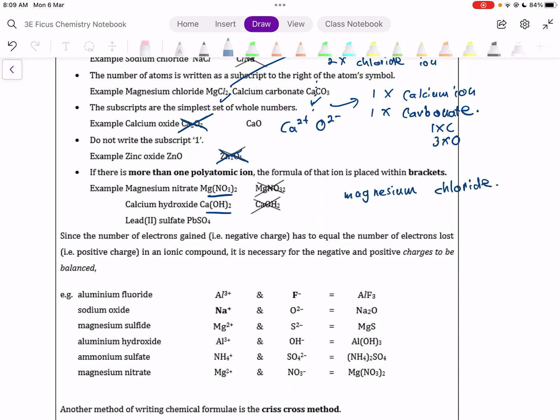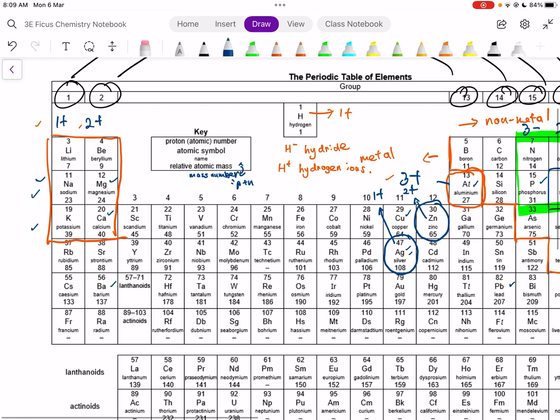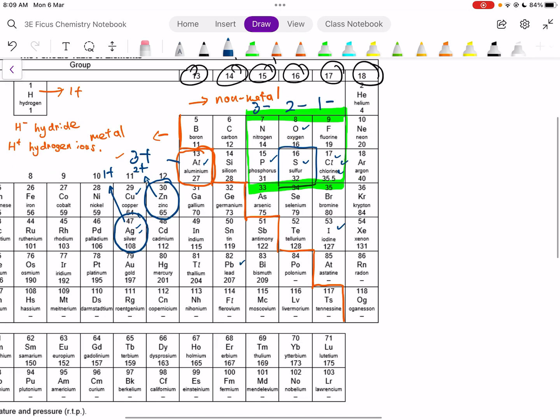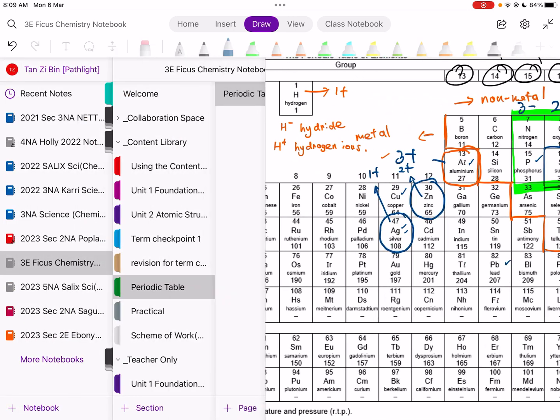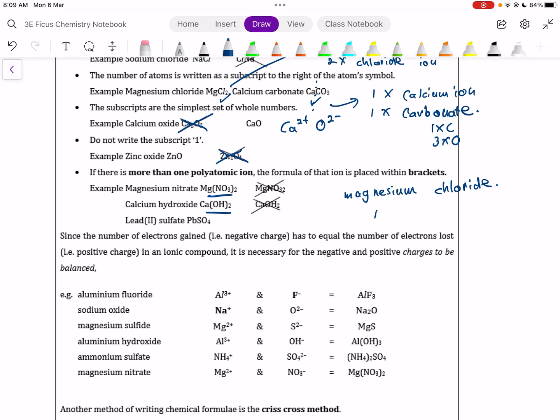Okay, magnesium, if you check from the periodic table, is under group 2, 2+. Chloride is under group 17, 1-. So going back to this, you have Mg2+ and Cl-, so this gives you MgCl2.